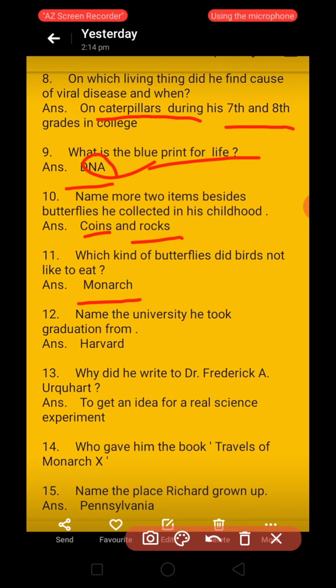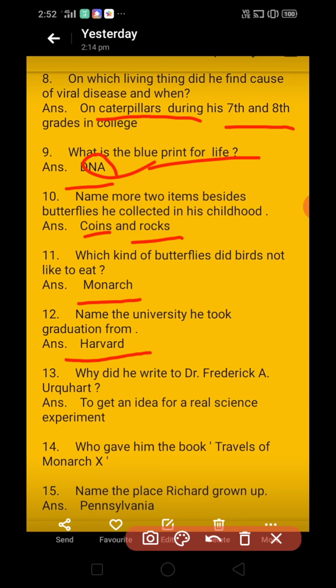And the next question is, name the university he took graduation from. Here you have to write the name of the university, that is Harvard University. From this university he had taken his graduation degree. Next question is, why did he write to Dr. Frederick A. Urquhart?